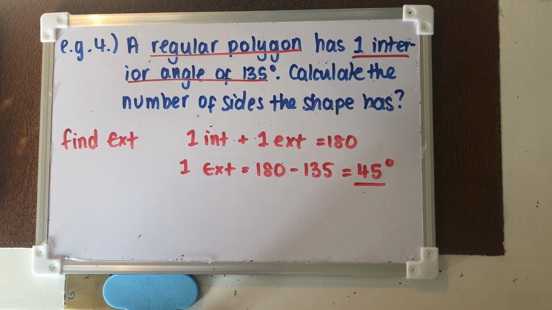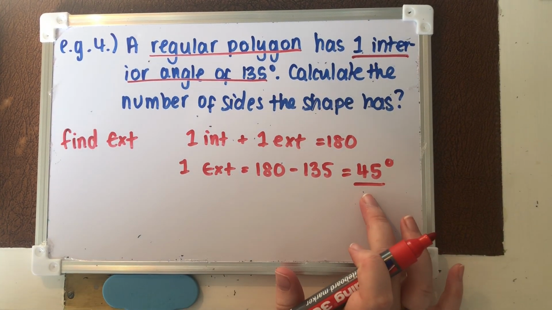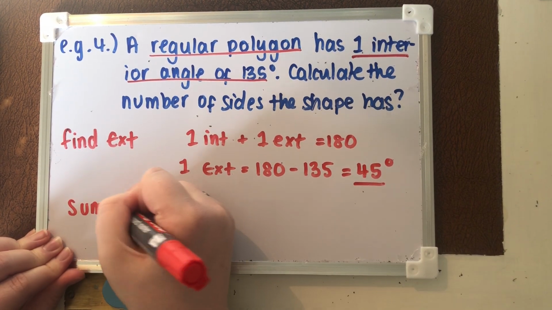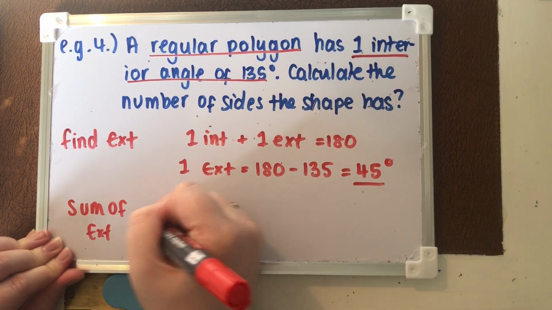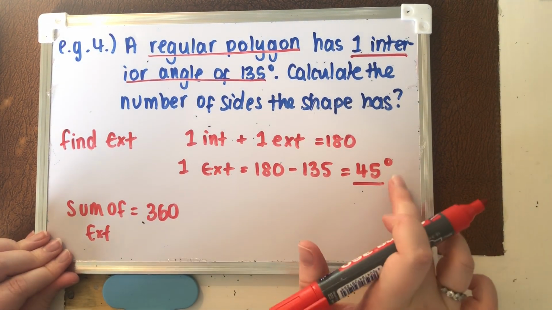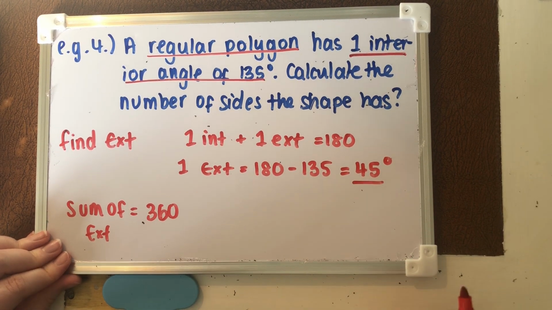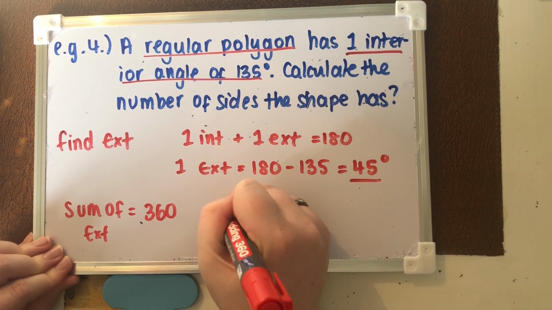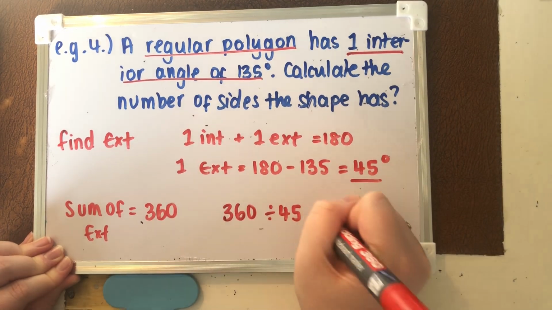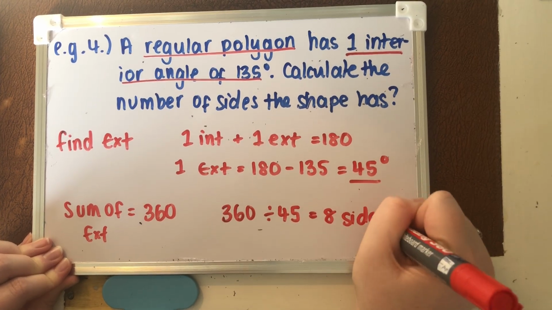Okay, then we can do exactly the same as EG2, because we know what the exterior is now. We know that the sum of exteriors is 360. So again, we just see how many 45s go into 360, and that will tell us then how many sides it has. So 360 divided by 45, which gives us 8. So this is an 8-sided shape.